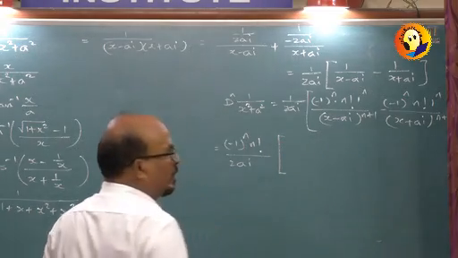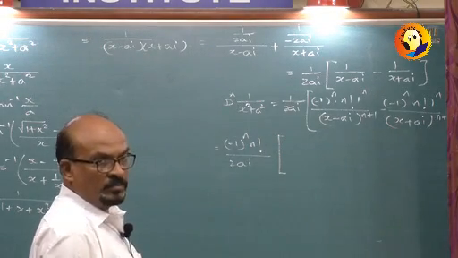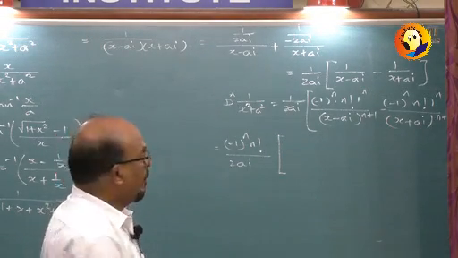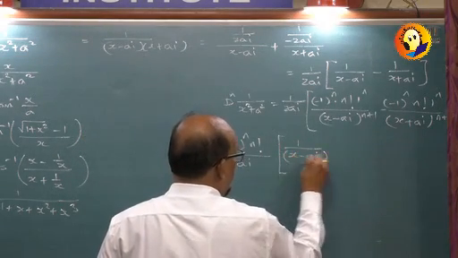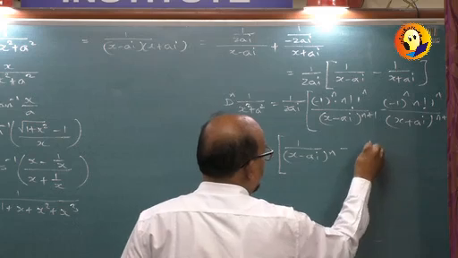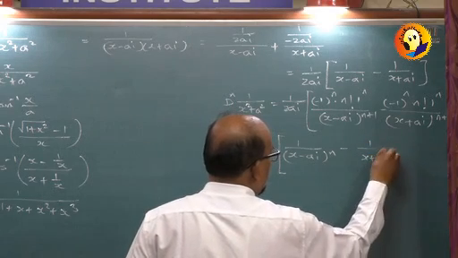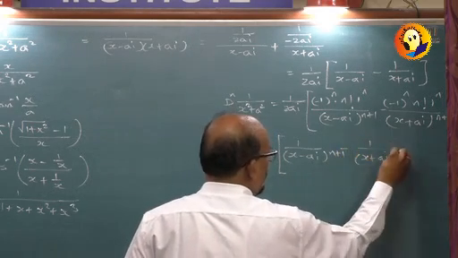Now what should we do? It remains as 1 upon x minus ai raised to n plus 1 minus 1 upon x plus ai raised to n plus 1.